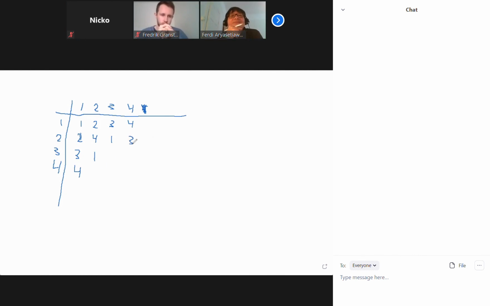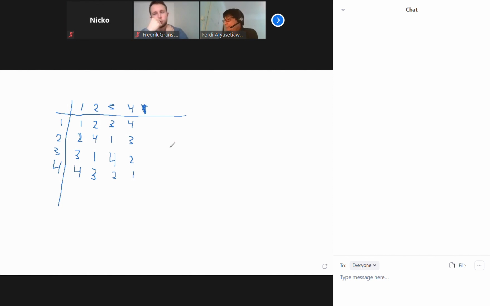And we saw that 4 times 2 is 3, so this is 3 as well. 9, 4, 12, so it's 2. And then it's 1 here, and it must be 2. And it's the same procedure for larger tables as well. It fits with the definition of a group. They're all different, row and column. They're all different elements. Yes.